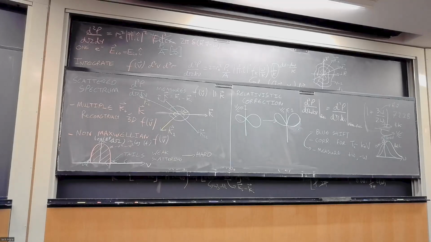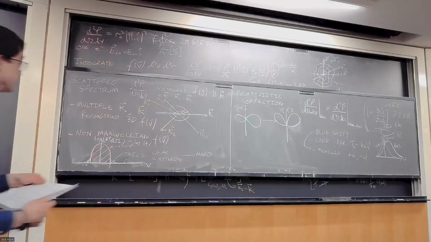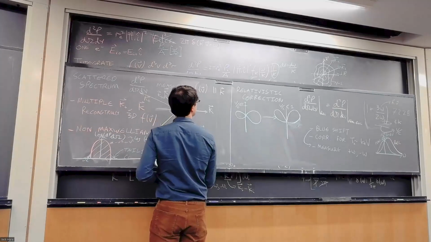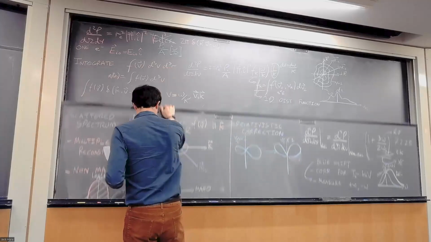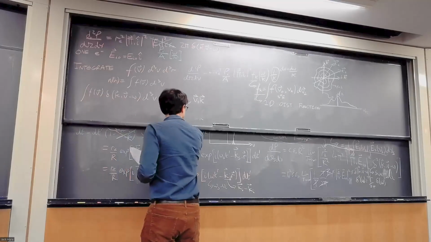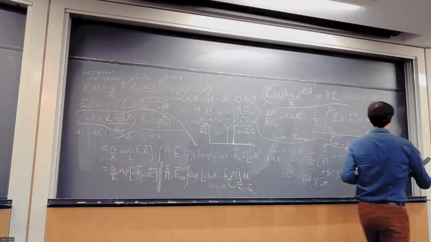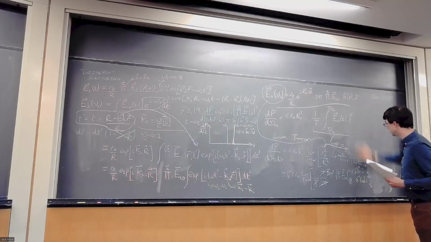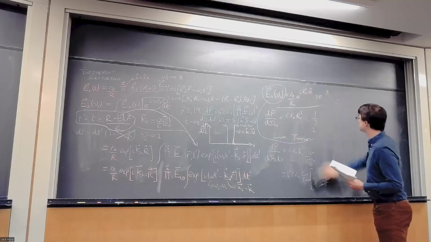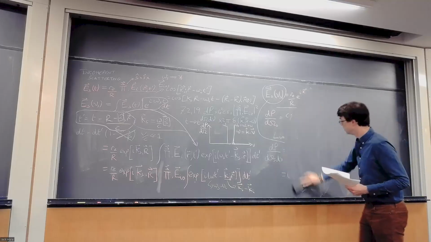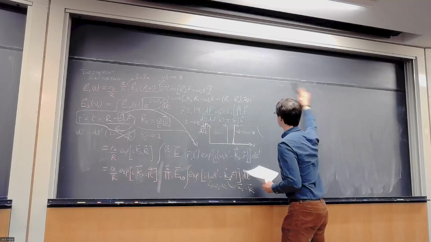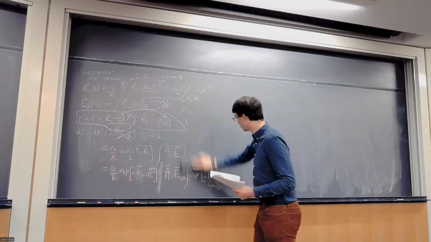We have just enough time to introduce coherent scattering, but not enough time to actually do all the fun mathematics of it. So we will leave that to next week. That was incoherent scattering.